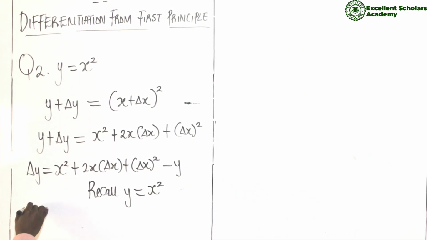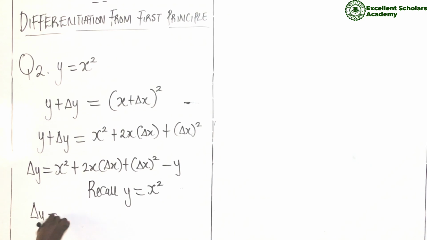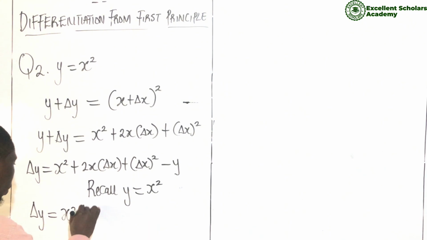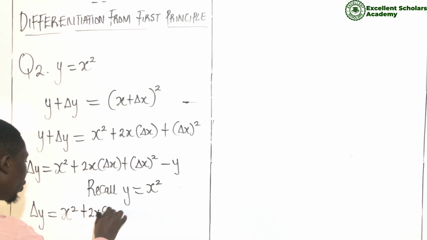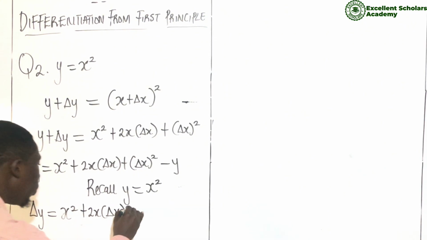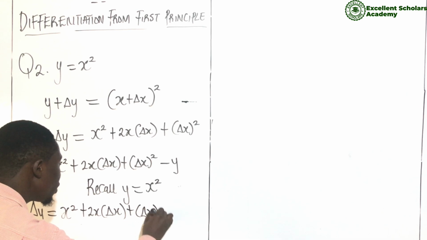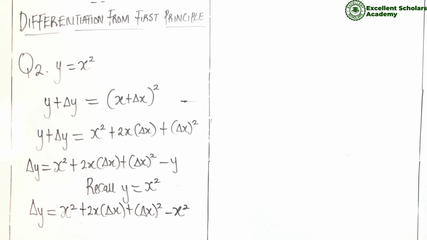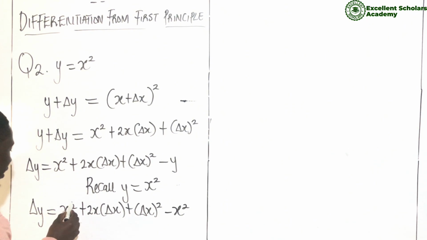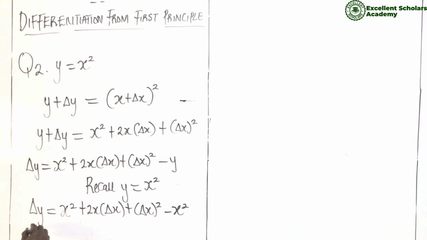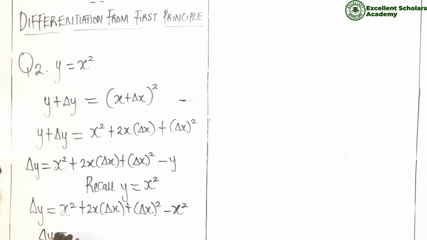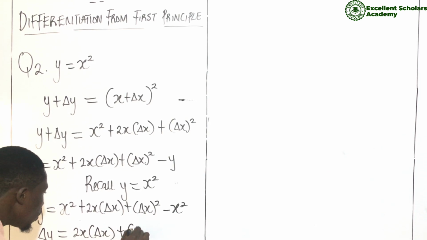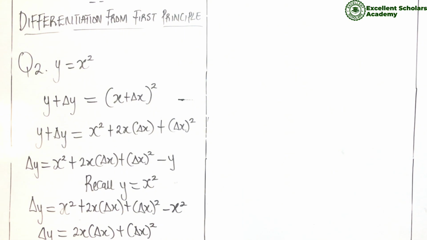So this becomes small increment in y equals x squared plus 2x small increment in x plus small increment in x all squared minus x squared. Now, this x squared takes away this minus x squared, so it becomes small increment in y equals 2x small increment in x plus small increment in x all squared.